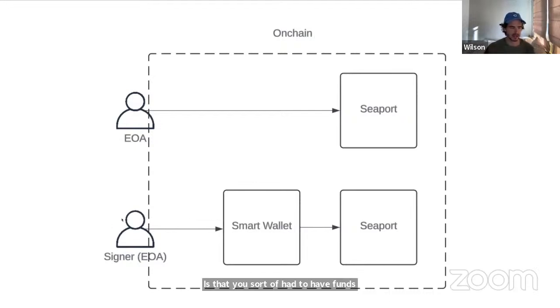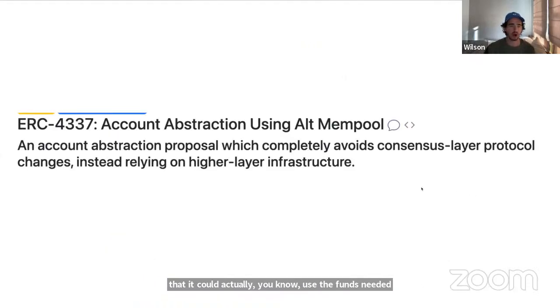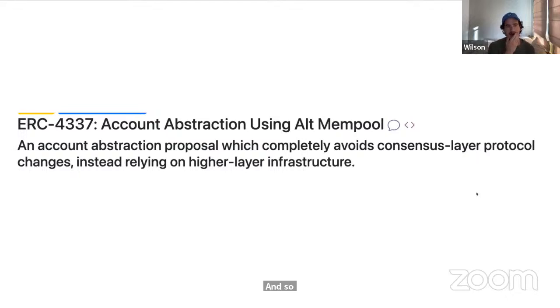You had to have funds on your signer address so that it could initiate the transaction, and then you had to have funds on your smart wallet so that it could use the funds needed for that specific transaction.